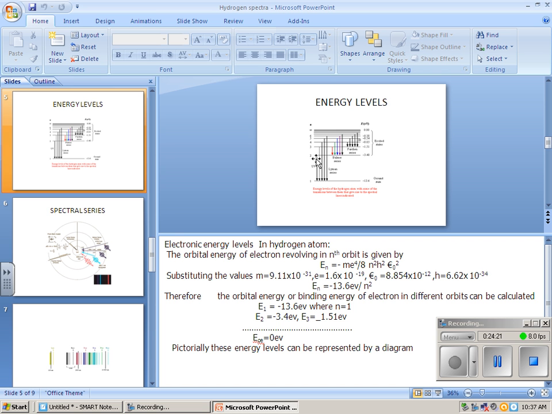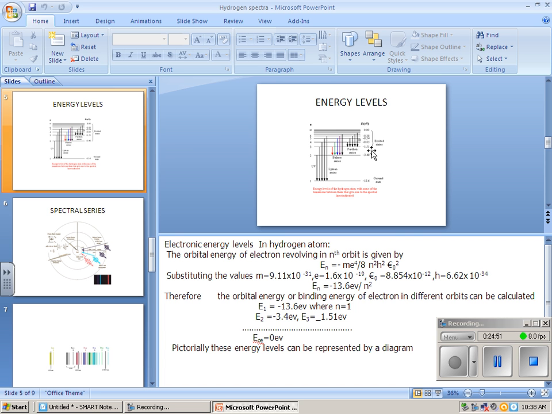This lower one is the second orbit, the second energy level. When the electron jumps from higher orbits to this second energy level, the radiation emitted can be taken as the Balmer series here. When the electron jumps from higher energy levels to the third energy level, it belongs to Paschen.